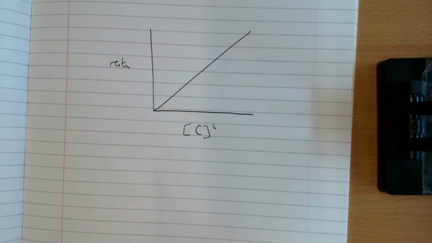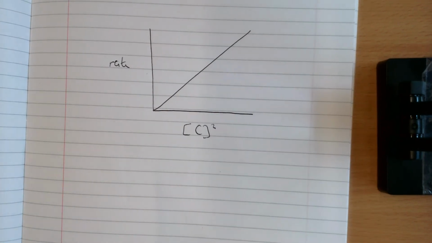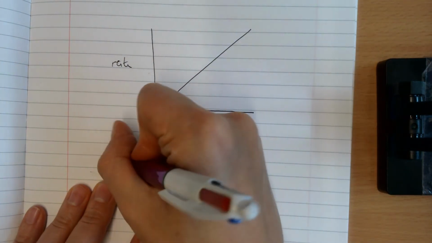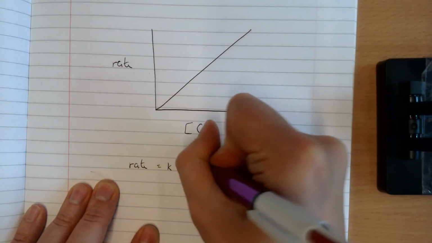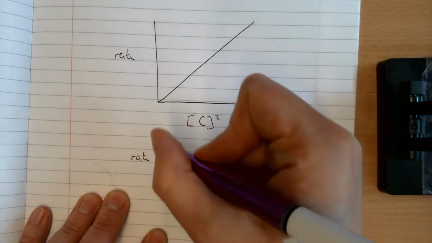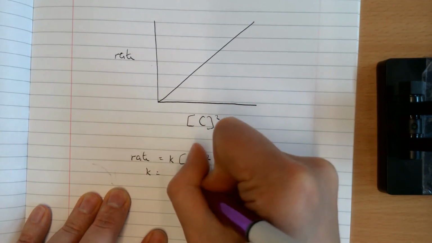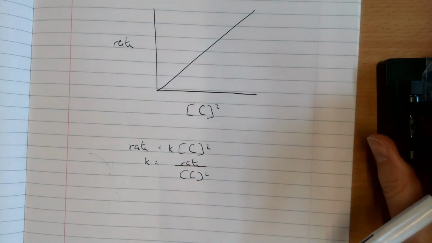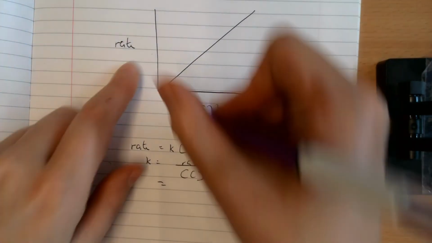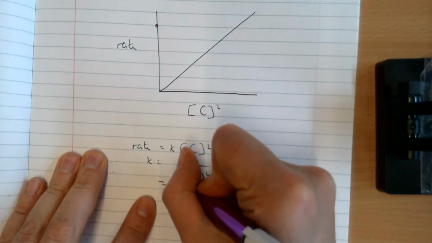And once you've got your straight line graph of rate versus C squared, if I write my rate equation, rate equals k times the concentration of C squared, and rearrange, I get k equals rate over concentration squared. It becomes exactly the same as what we just did. So if I want to read off the rate, there's my value there for rate. Let's just say that the rate is 5.